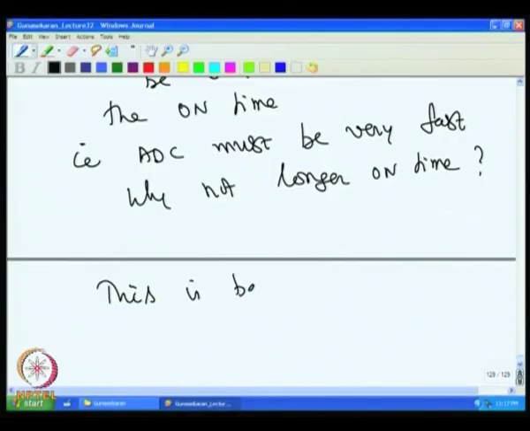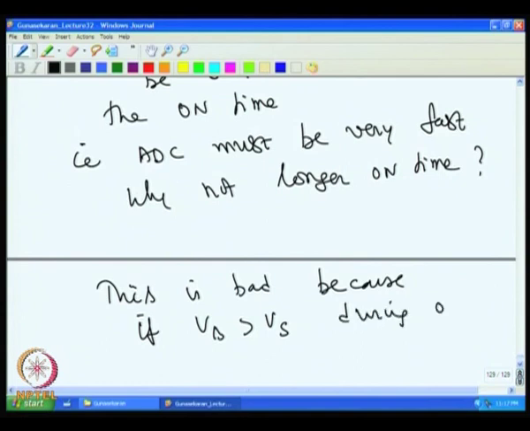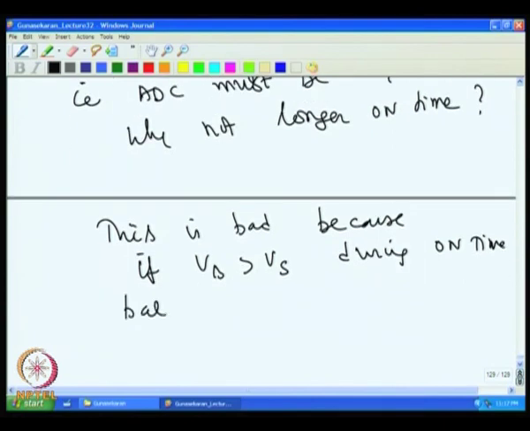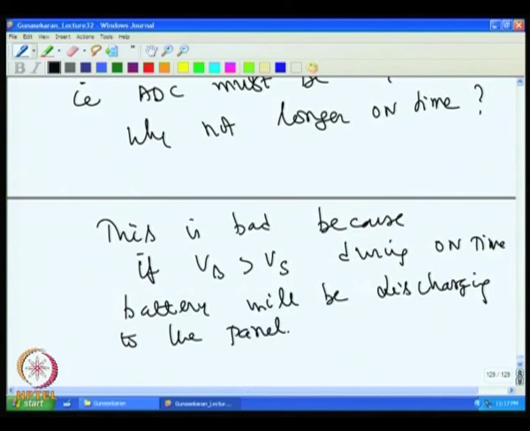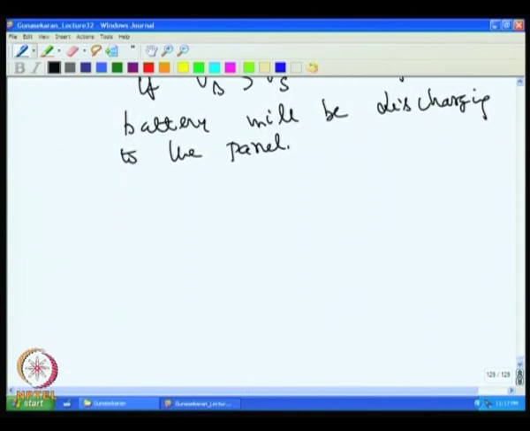This is bad, because if V B is greater than V solar cell during on time, the battery will be discharging to the panel. So, to avoid that only it is done.